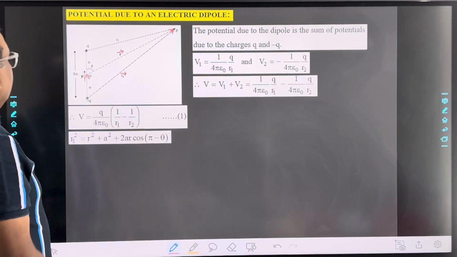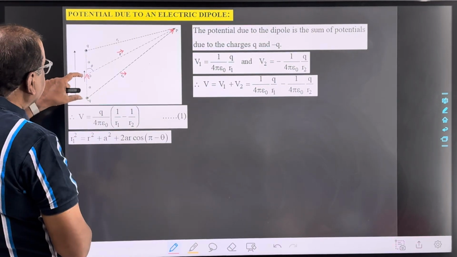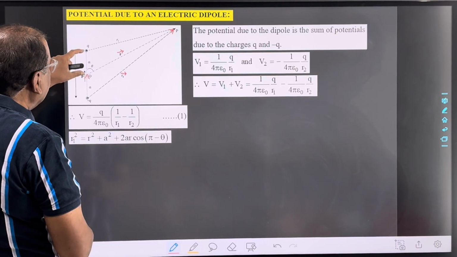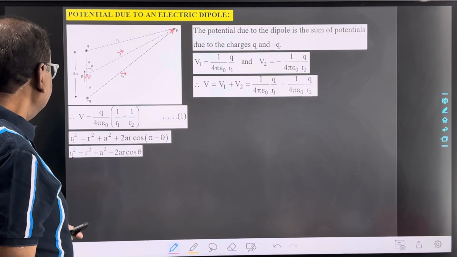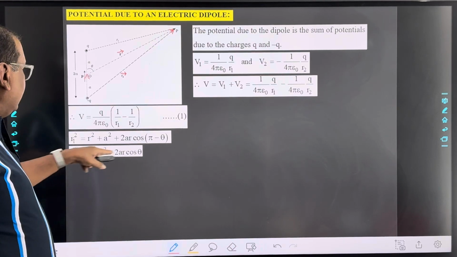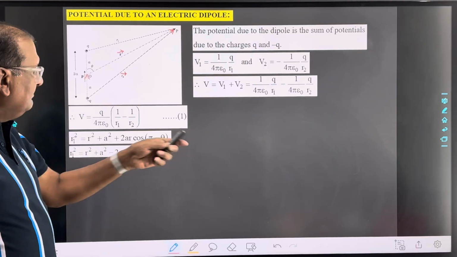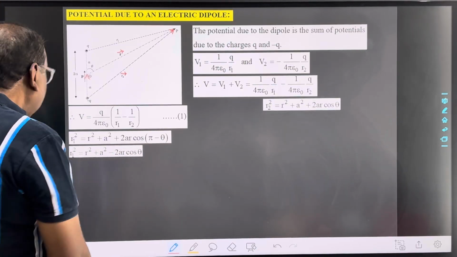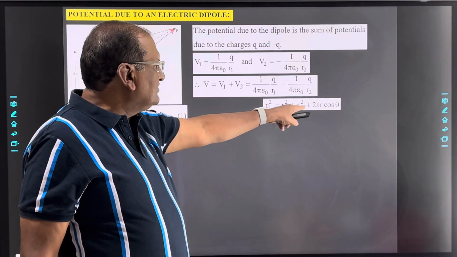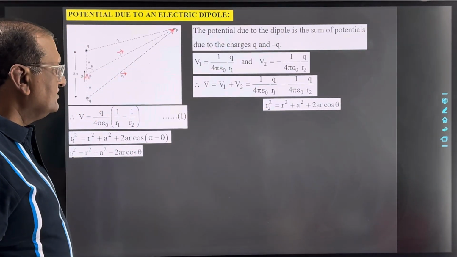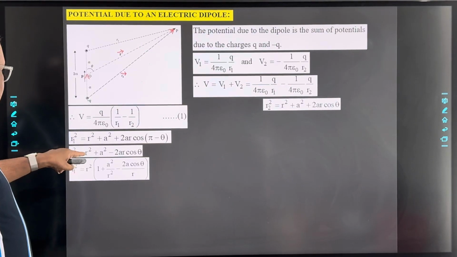The angle between R and A, extending A from this one like this, is theta. For R1 square, cos of pi minus theta is minus cos theta, so this is simplified. But for R2 square, you can write R square plus A square plus 2AR cos theta. Now take R square common.